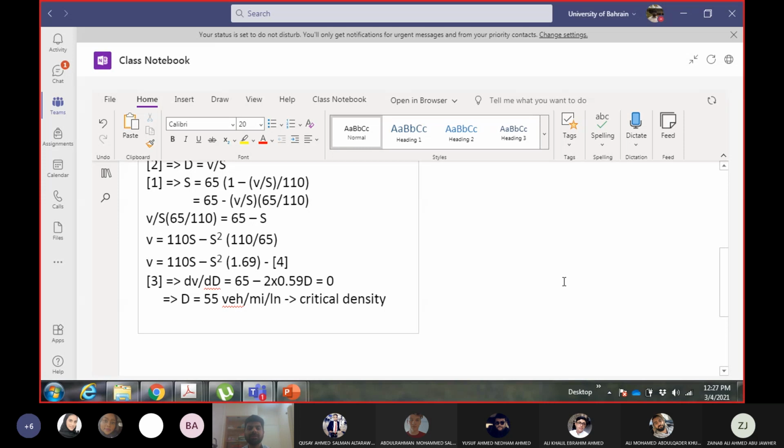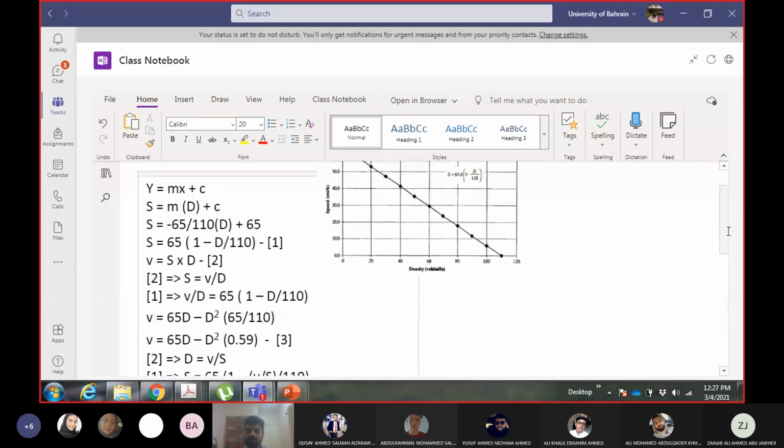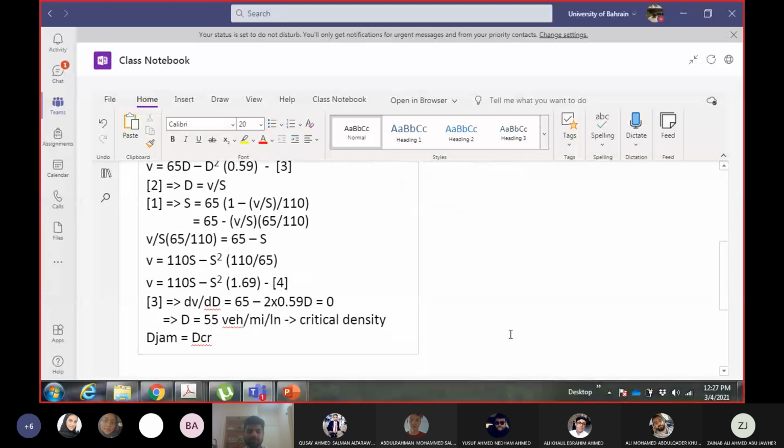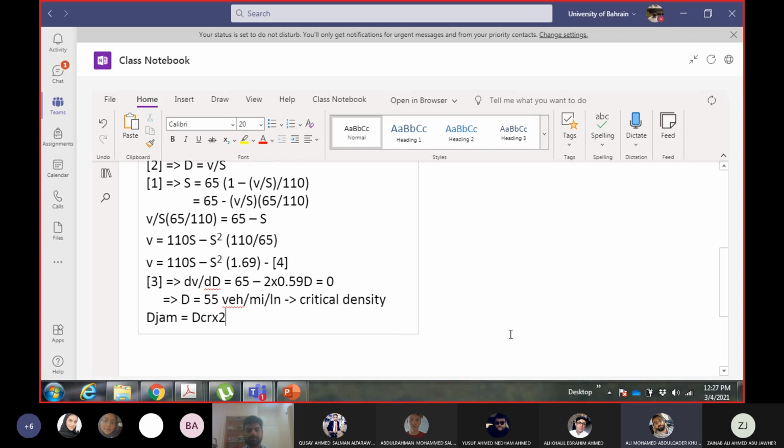So what is the relationship between critical density and jam density? Jam density was 110. Critical density when the flow is maximum is 55. Times 2, yeah. So critical density times 2 gives you jam density.